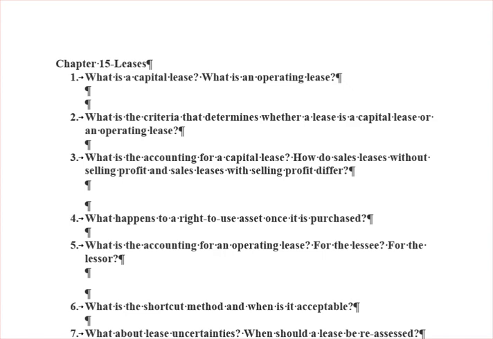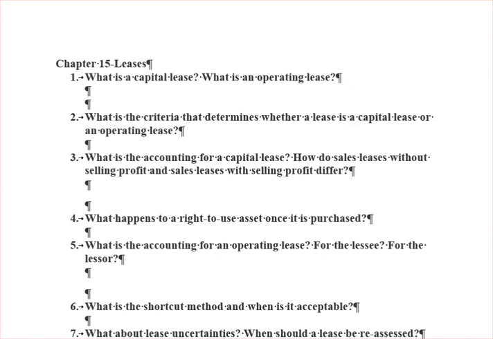What happens to the right to use asset? Well, we used to put these on the books of a company when the capital finance lease was initiated and the lessee started it. We would put it on the books and we would call it an asset, just like a fixed asset. And the problem is that the one who's leasing it doesn't really own it at that point, do they? They just have a lease.